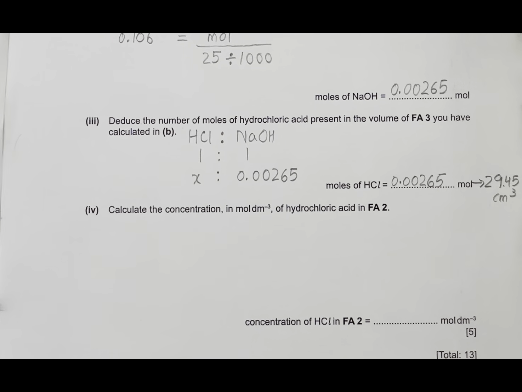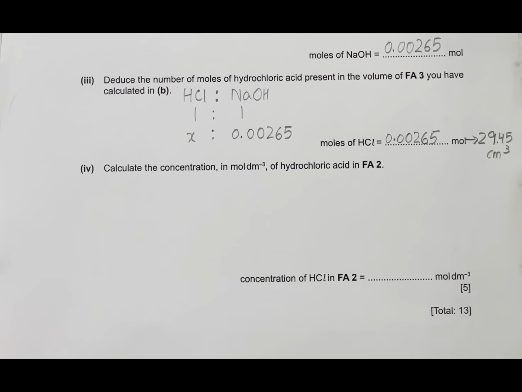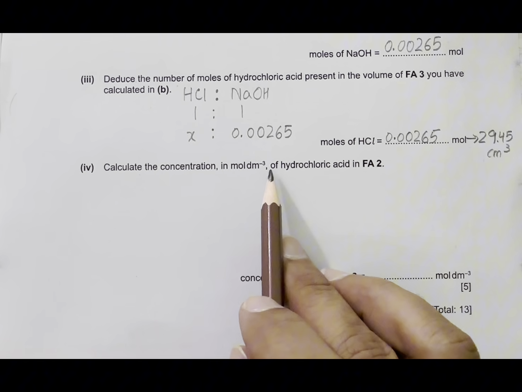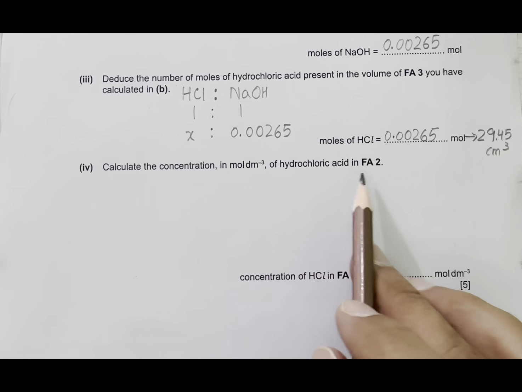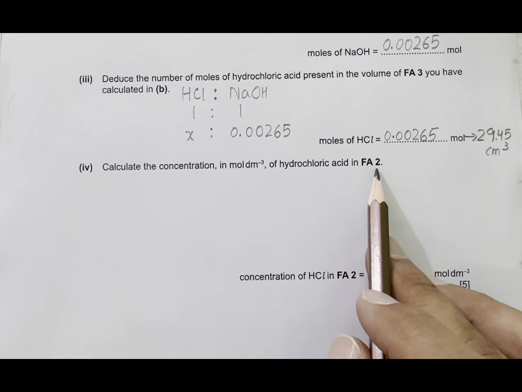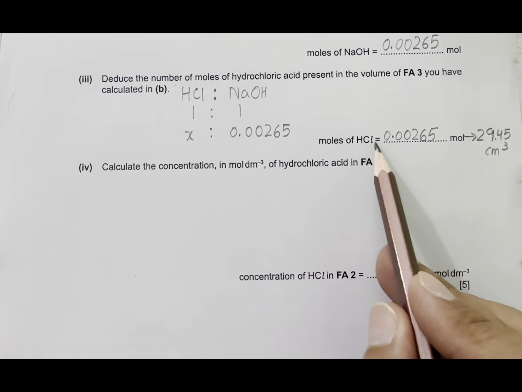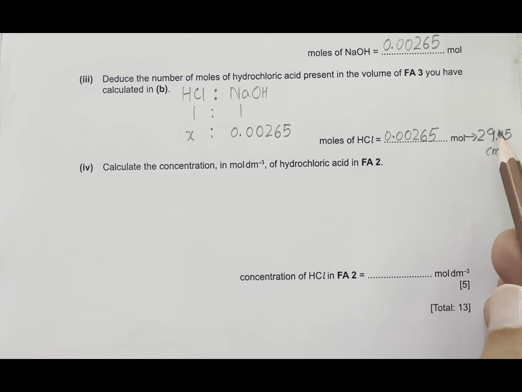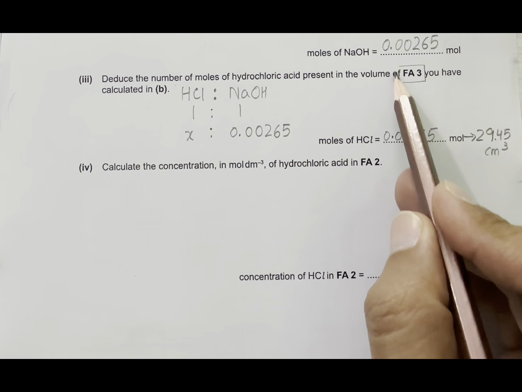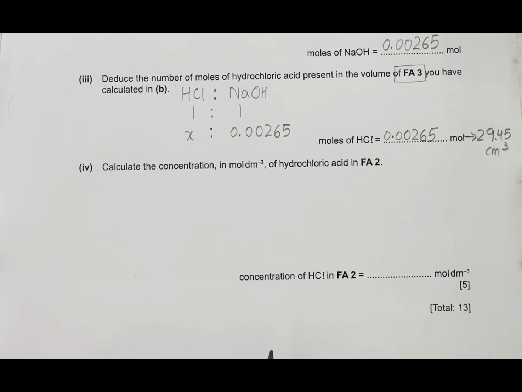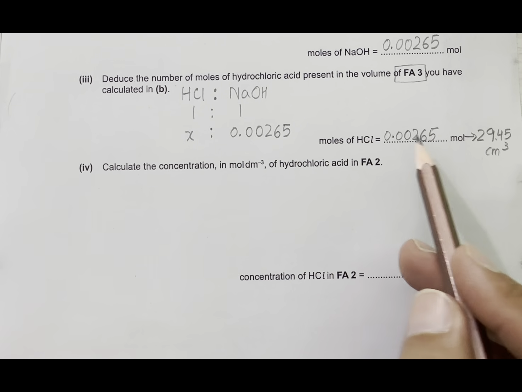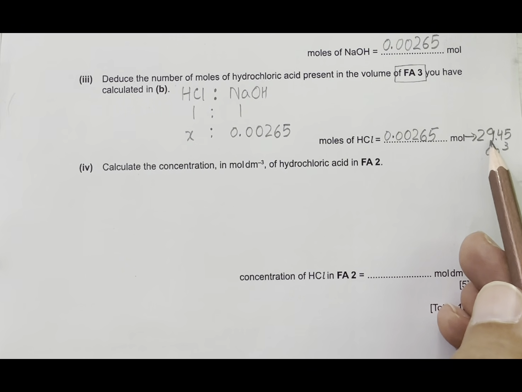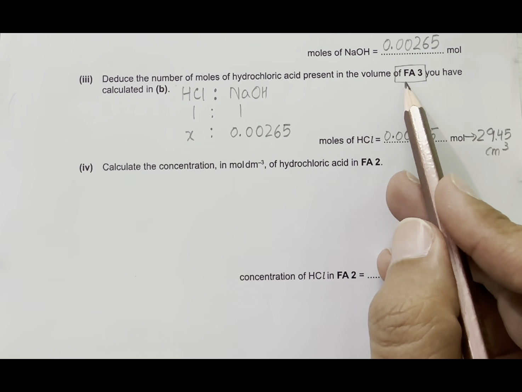Now let's move on to the next part, which says calculate the concentration in moles per dm³ of hydrochloric acid in Fa2. Now these moles of hydrochloric acid we have calculated in this volume are actually Fa3, not Fa2. So first of all, calculate the concentration of this hydrochloric acid according to these moles and volume in Fa3.